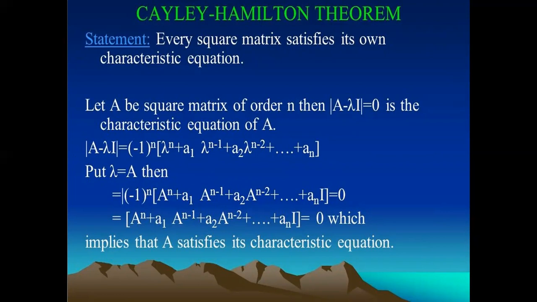We have to put lambda equal to A. After substituting lambda equal to A, we will find minus 1 power n, capital A power n plus A1 capital A power n minus 1 plus A2 capital A power n minus 2 plus so on up to An I equal to 0, which implies that A satisfies its own characteristic equation. So this is a kind of proof to make us know how we got A minus lambda I equal to 0.